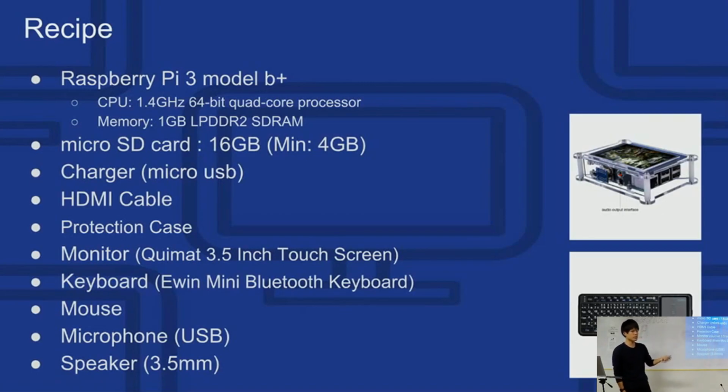So it's very useful. I also use a keyboard and mouse, and I recommend this kind of keyboard. This keyboard combines a keyboard and a trackpad. So you can use just this one to manipulate the Raspberry Pi.